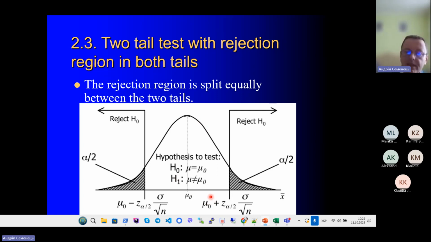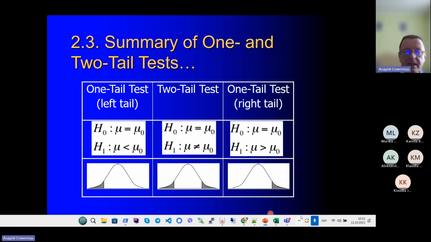We do not have evidence to make a conclusion. And all these three cases combined: left-tailed, two-tailed, and right-tailed test. How it has to be formulated is only about how we formulate the null hypothesis. Pay attention that we use the population mean in this case, the population mean.